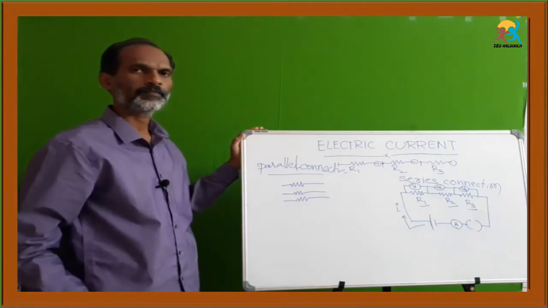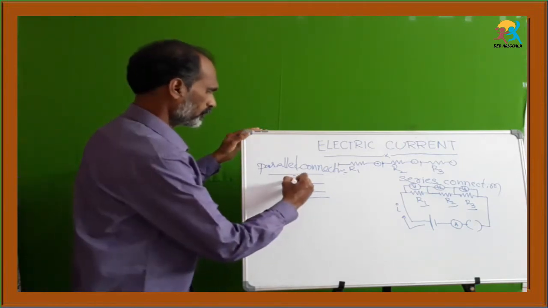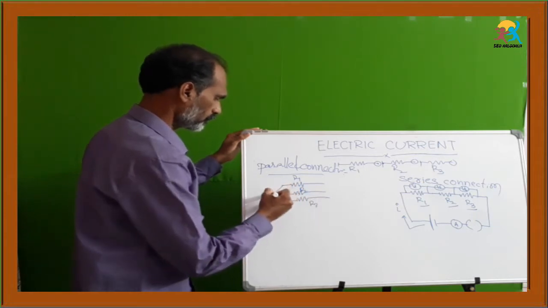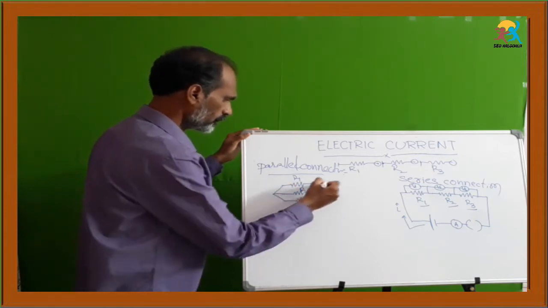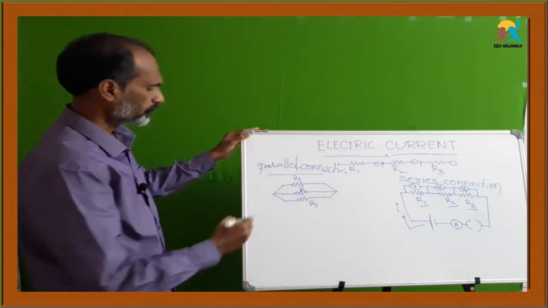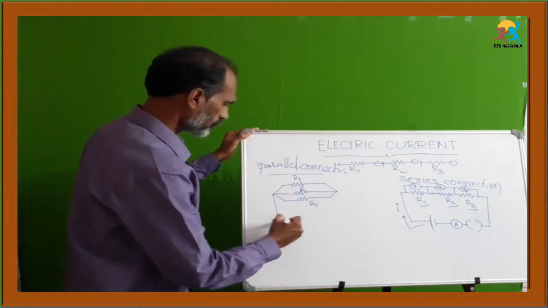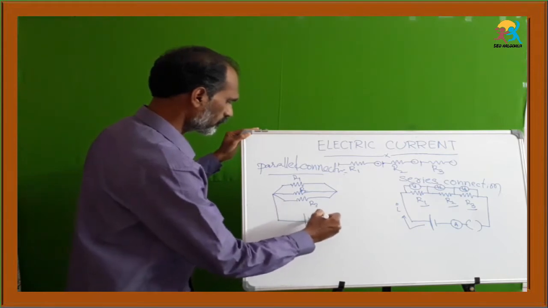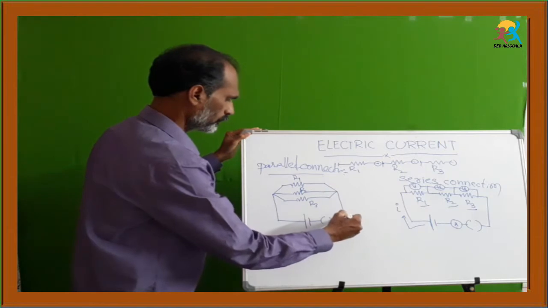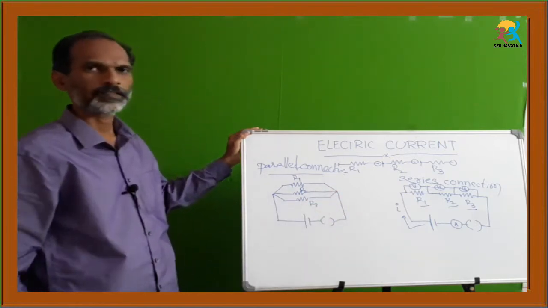These three are different resistors, and they are connected like this. This end is connected to a battery through the switch and the other end is connected to a key switch.